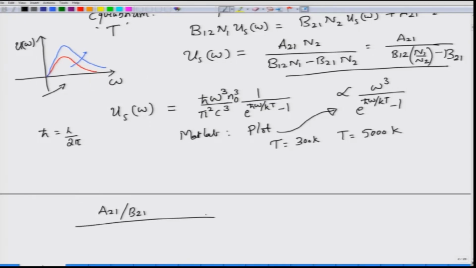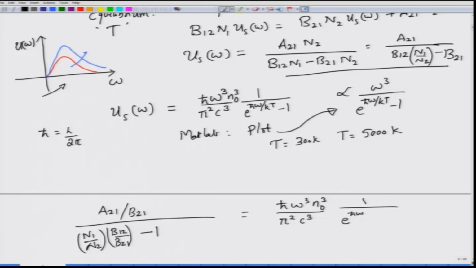I get A21 by B21 divided by N1 by N2 into B12 by B21 minus 1. This would be the radiation pattern in terms of A and B coefficients. This should then be equal to h bar omega cube n0 cube divided by pi square c cube, 1 by e power h bar omega by kT minus 1.